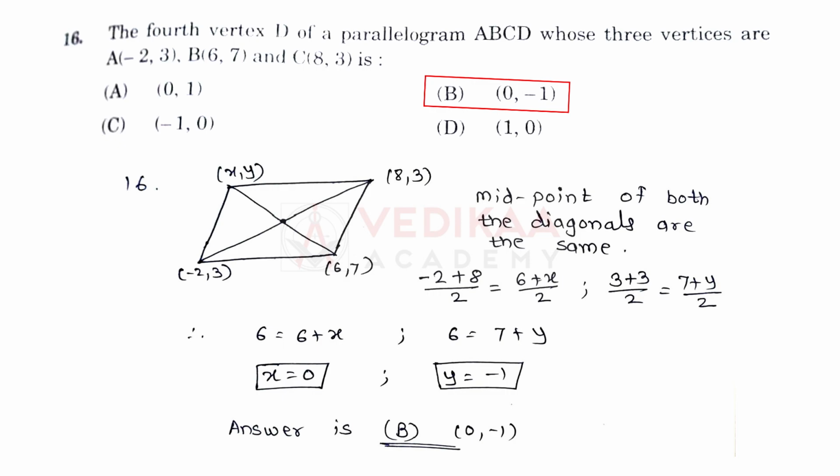So you first calculate the midpoint of A and C, because these values were known to you, and equate it to the midpoint of B and D. So you will get two equations: 6 is equal to 6 plus x and 6 is equal to 7 plus y. So from this, x is equal to 0 and y is equal to minus 1. So the correct option is B, 0, minus 1.